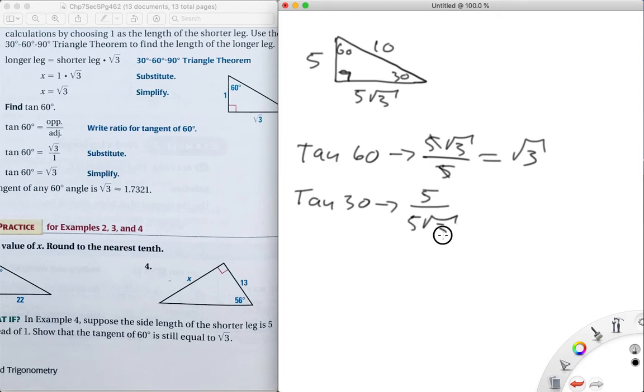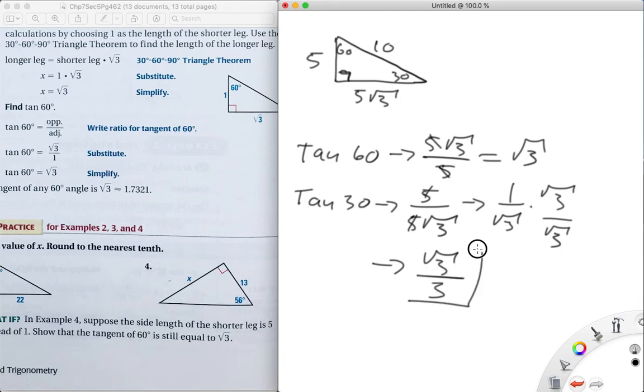These are going to cancel. That gives me 1 over root 3. And we don't like 1 over root 3, so we multiply top and bottom by square root of 3. And we would get root 3 over 3.